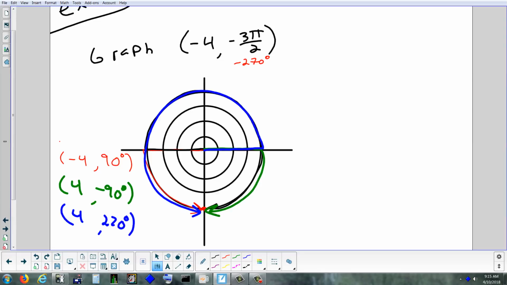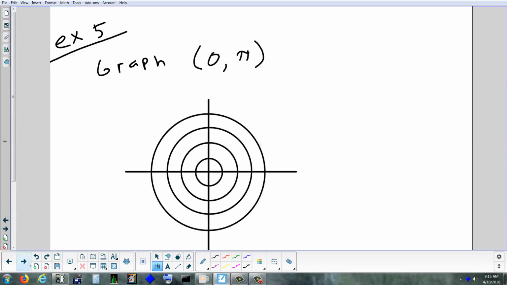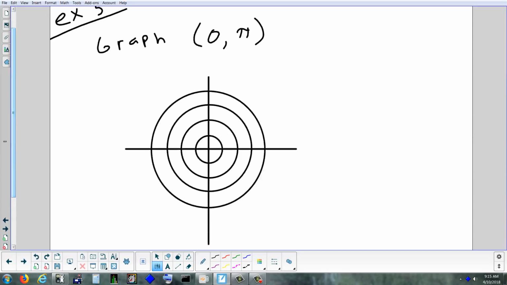All right, so we've done all the different combinations, positives, negatives. Let's look at 0. Okay, so 0, pi. Where is that point going to be? Yeah? It's at the pole, but what about the pi?